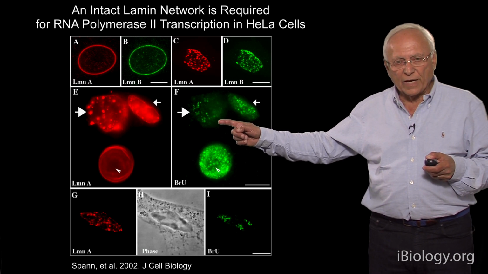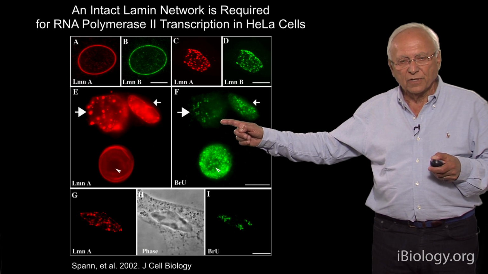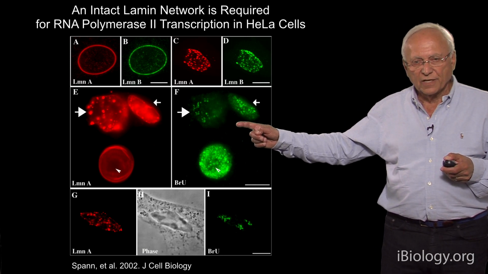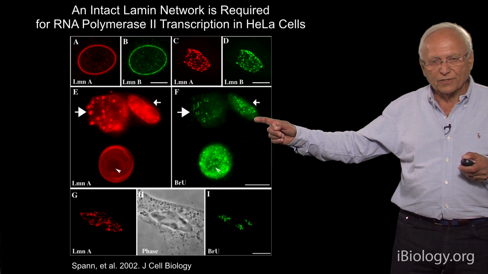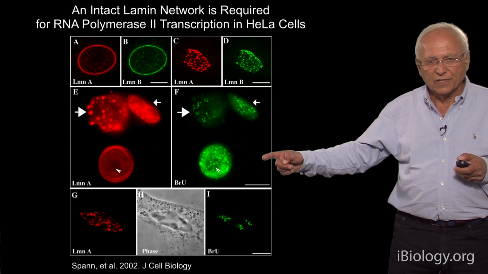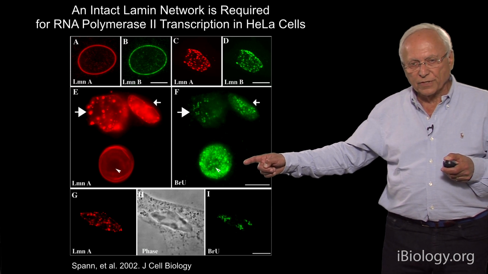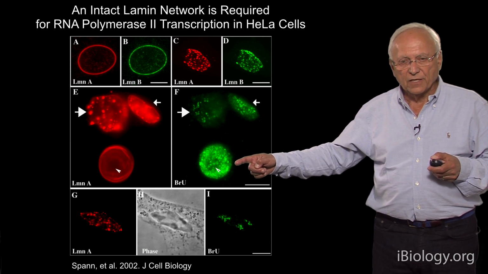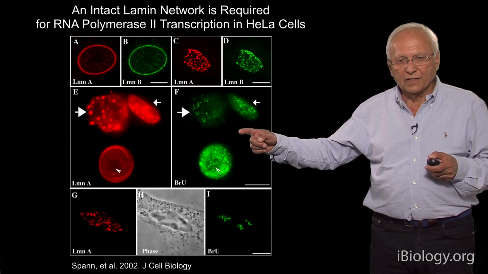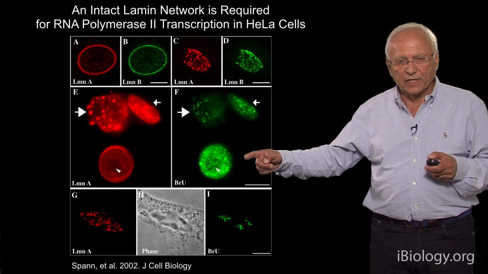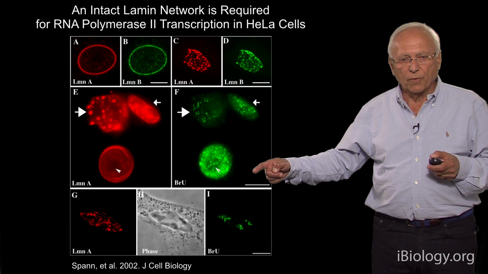So you can see that there's a graded response. This is greatly reduced in BrUTP incorporation, and this is less reduced in BrUTP incorporation. And on the bottom, you have a third cell nucleus, which was not injected at all with this dominant negative mutant. So there is a great reduction in RNA synthesis as indicated by BrU incorporation.